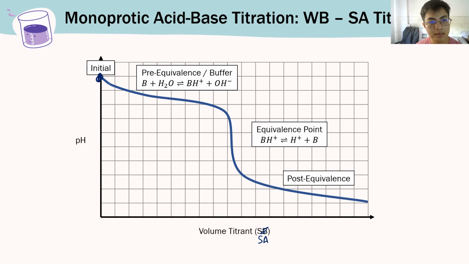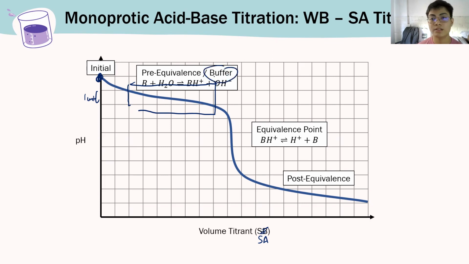I want you to notice again this region, okay? So this very long region in which ang daming volume ng titrant yung nilagay, but the change in pH is 1 unit lang, no? So that's your buffer system, okay?